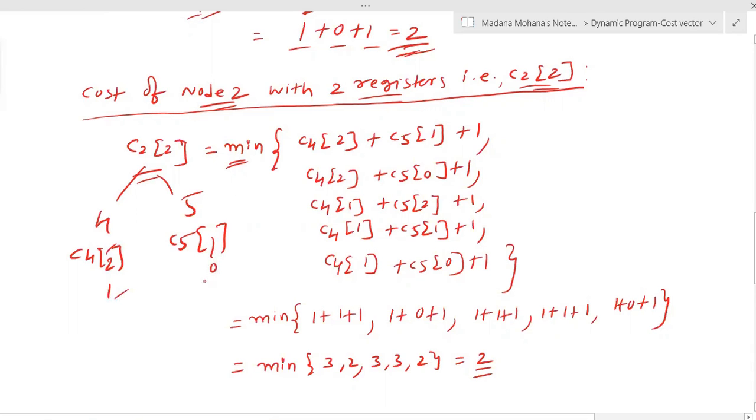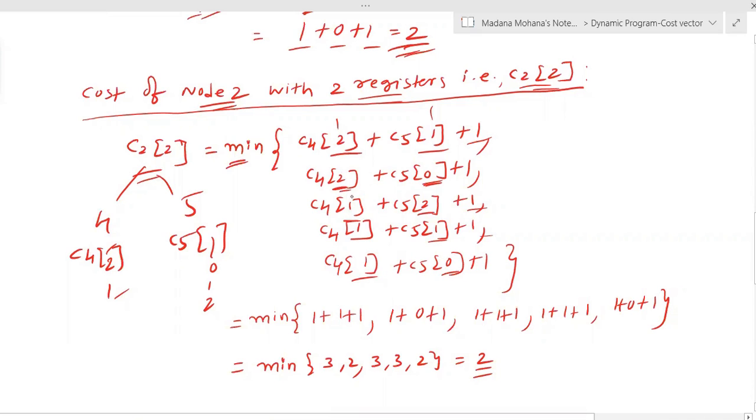C5 memory with 1 register, then 2 registers. Like all combinations you can take, then whichever minimal value that you can take. Now here you can see minimum of C4 of 2, C5 of 1, plus 1 is commonly added for all cases. Here 2 registers 1 register, then C4 plus C5 of 0, 2 registers, then memory plus 1, then 1 register 2 registers plus 1, 1 register 1 register plus 1, 1 register memory plus 1.